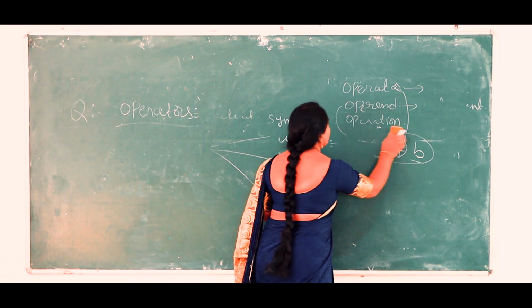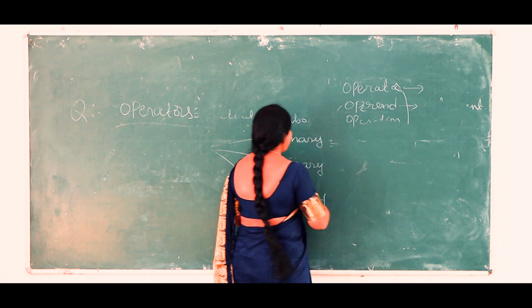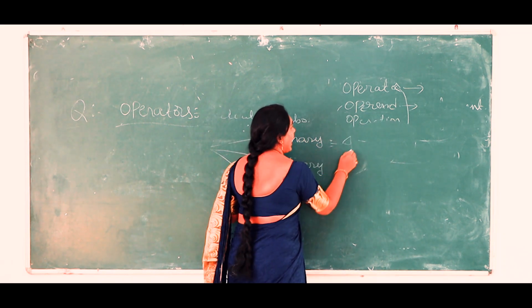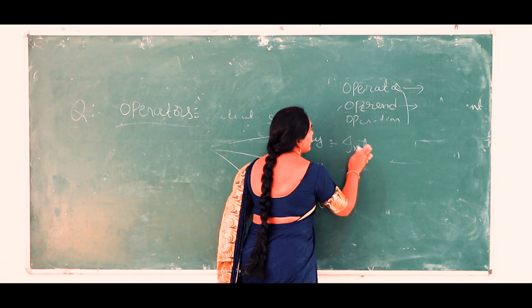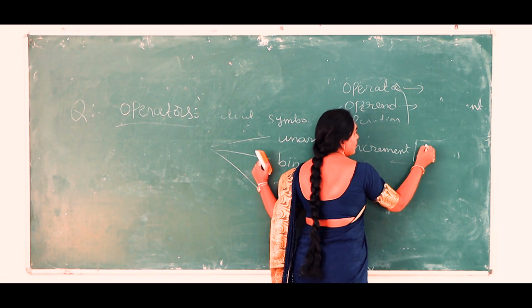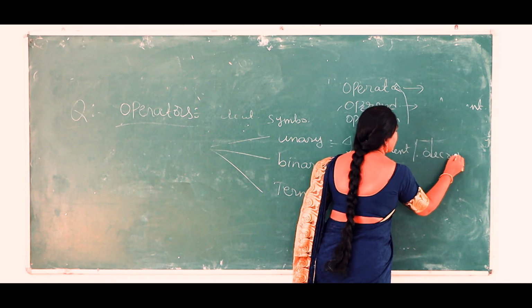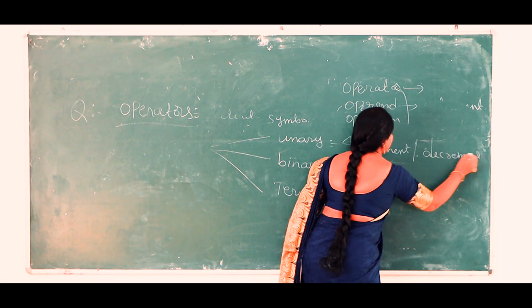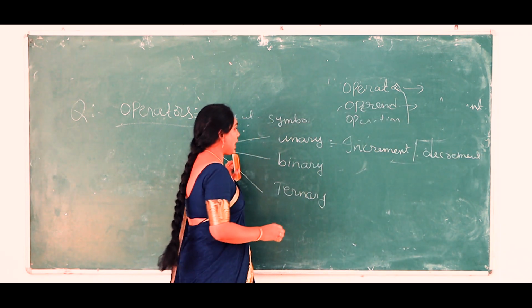Now come to the point. Unary operators. We have only one kind of unary operator, the increment and decrement operators. This is the unary operator in C language.